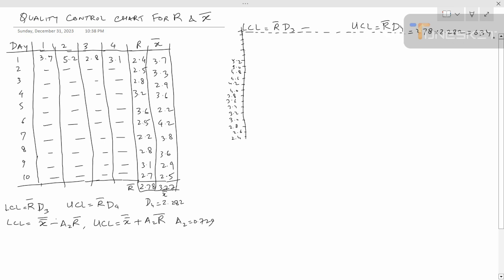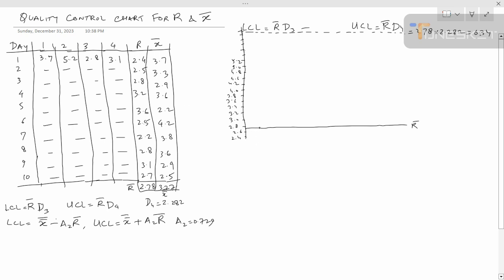The mean value is at 2.78. So 2.78 is over here. That's your R bar value, and the minimum value is at 2.4.